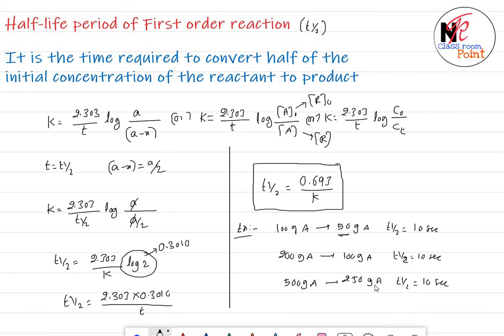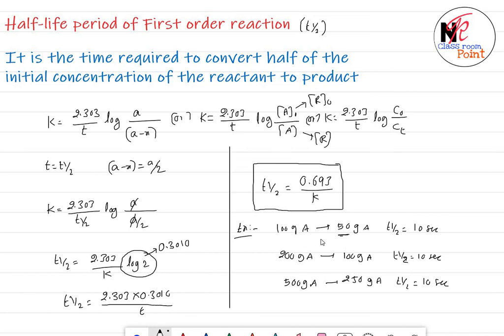It means within 10 seconds, that particular reactant of a first order reaction becomes half of its initial value. So that is called T half, and T half is independent of the initial concentration. Whatever the initial concentration quantity may be, to make it half of its initial value, T half remains the same.